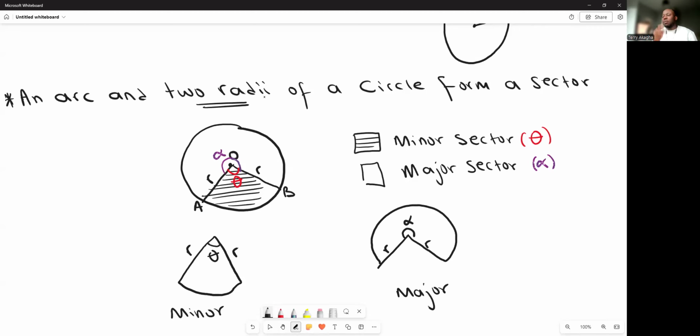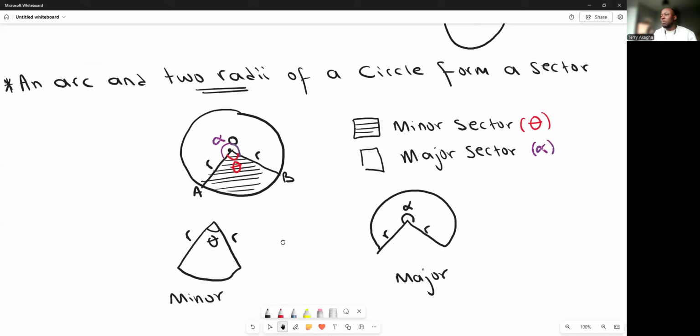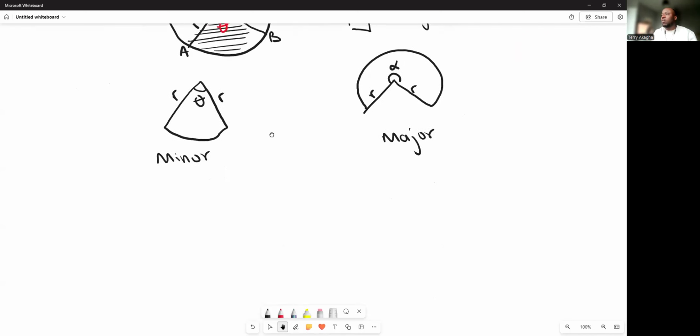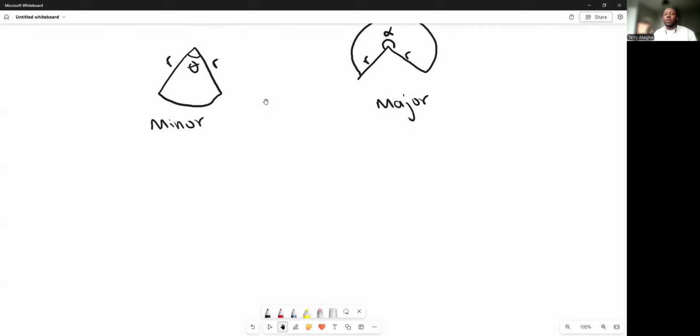All right, so this is not where we're going. Just follow me, I'm trying to get somewhere. So now we know the sector. I also told you that if you have two radii and a chord, together they form a triangle.